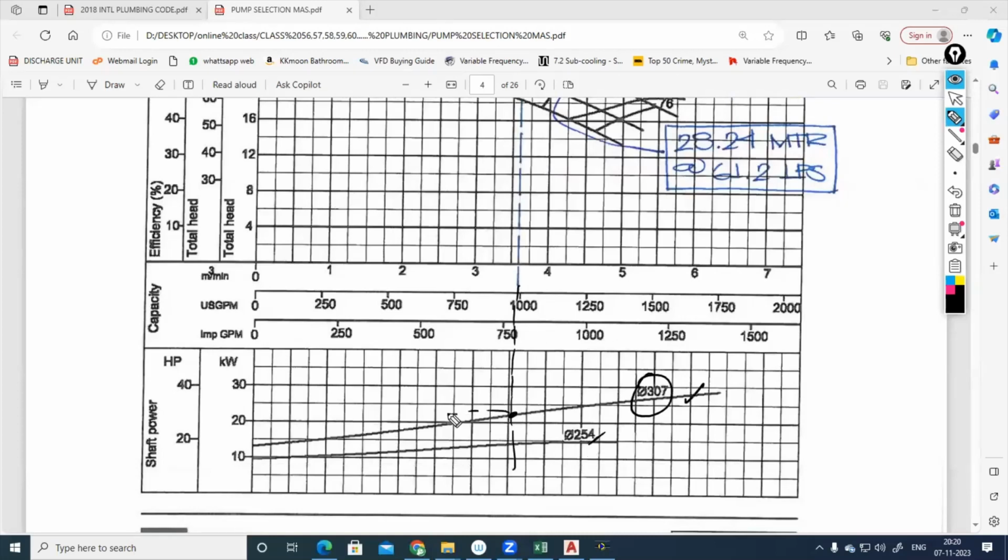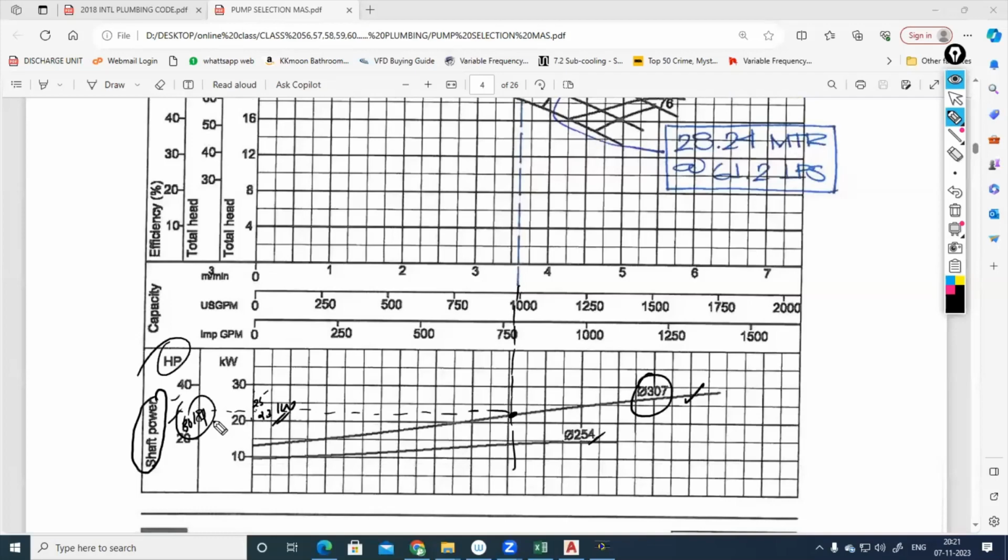From this point, the pump will have between 20 and 30 kilowatts. Let's say 25 kilowatts, nearly 23 kilowatts of shaft power, not electrical power, and also approximately 30 HP of shaft power.